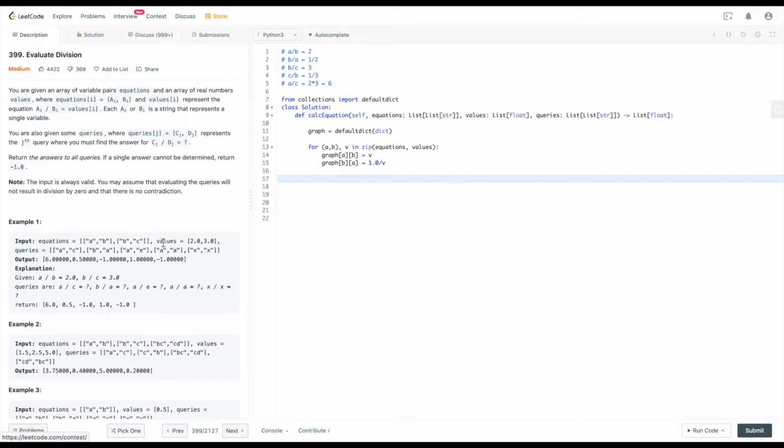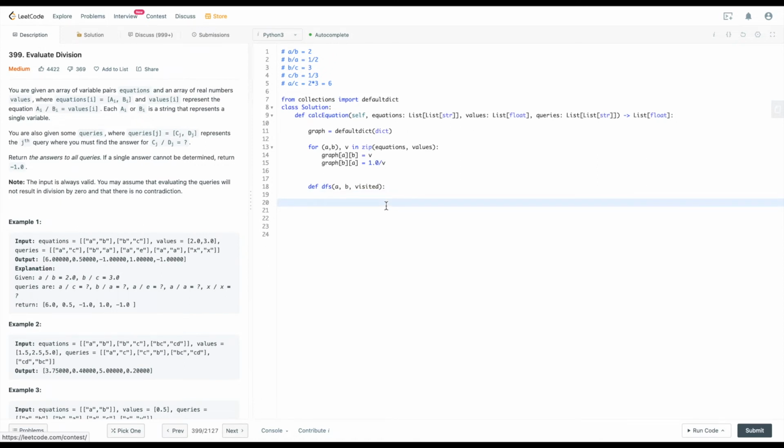What do we want to do after? I guess we can start writing our DFS. My DFS will take node A, node B, where node A will be like the source, node B will be like the destination, and then we'll keep a visited set too, so we don't visit the ones that we already visited, so we don't get into a loop.